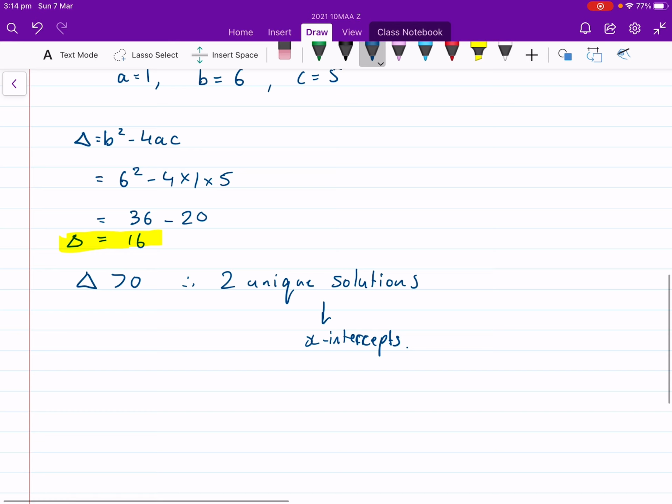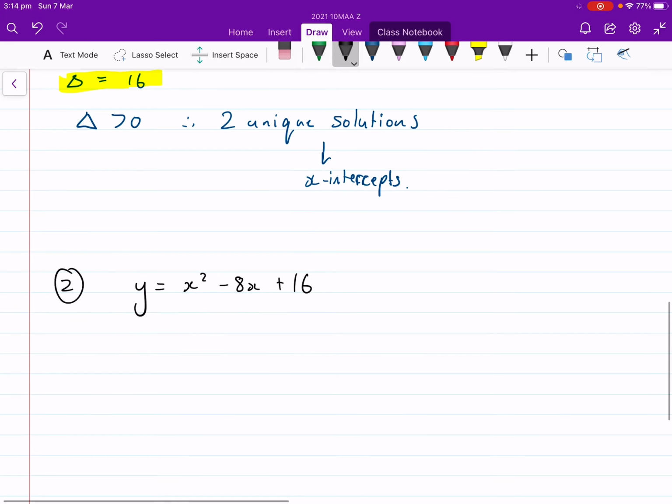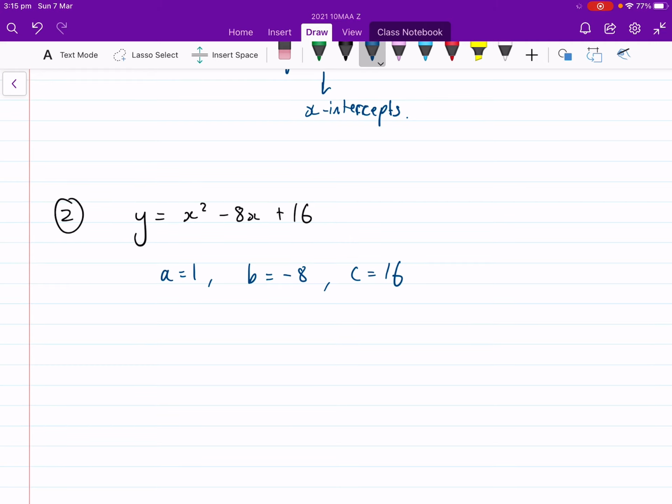Okay, so if I had another example, say y is equal to x squared minus 8x plus 16, I had values of a is 1, b of negative 8, and c of 16. So here I'll put this into the discriminant formula, which is a part of the quadratic formula, b squared minus 4ac.